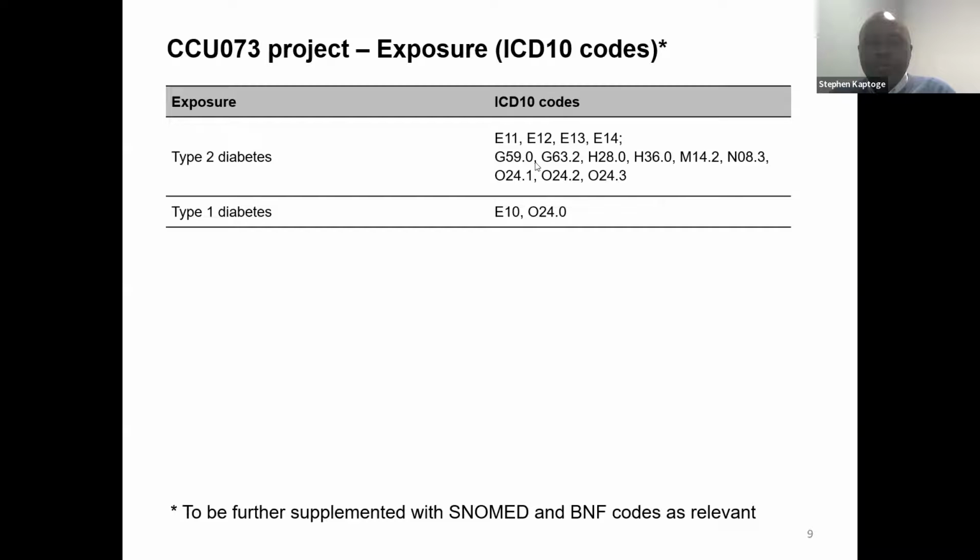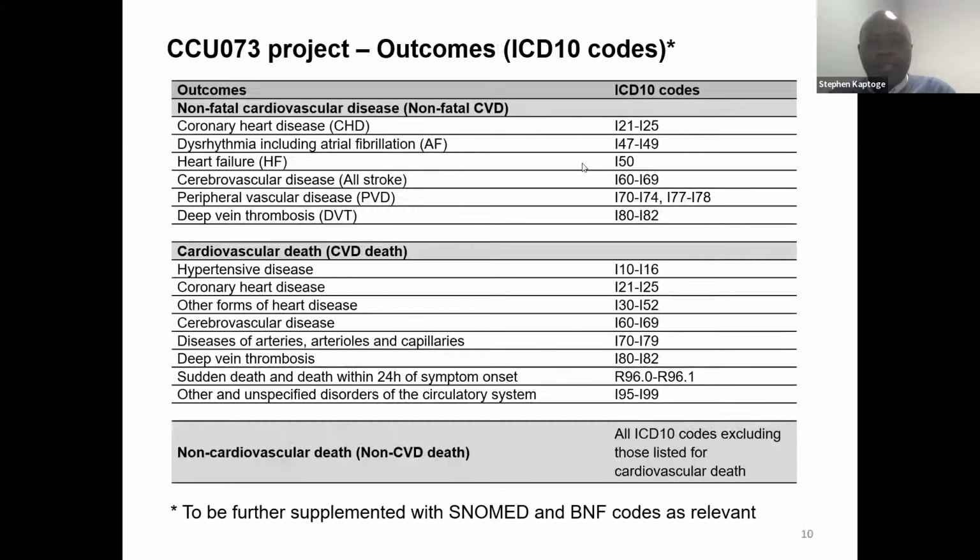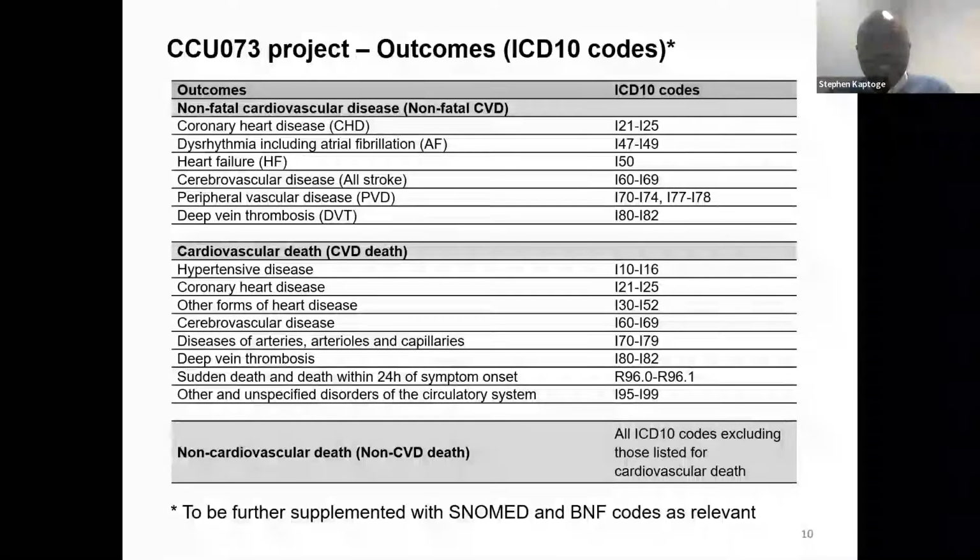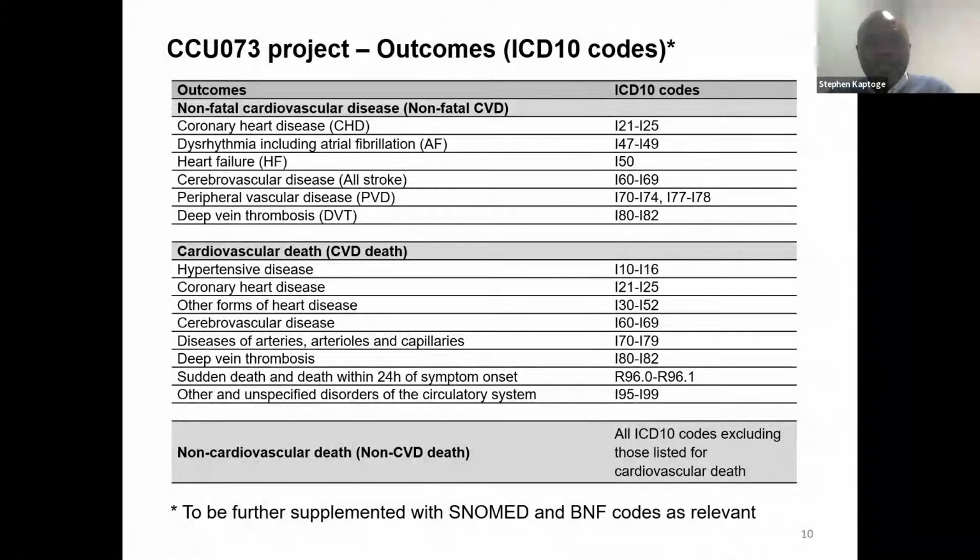At the moment, we've just populated ICD codes, and we will match them with corresponding SNOMED codes, which we will take from previous projects. The specific cardiovascular conditions we have prioritized are CHD, dysrhythmias, which include atrial fibrillation, heart failure specifically, all stroke, and then peripheral vascular disease and deep vein thrombosis.